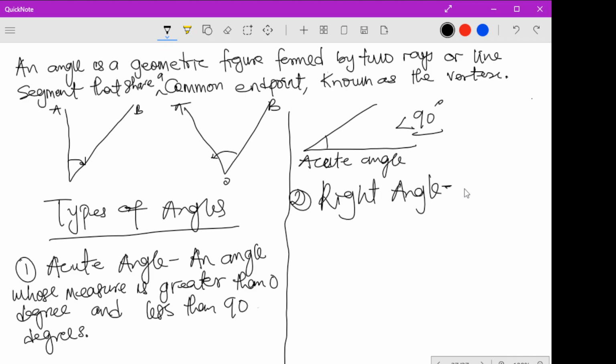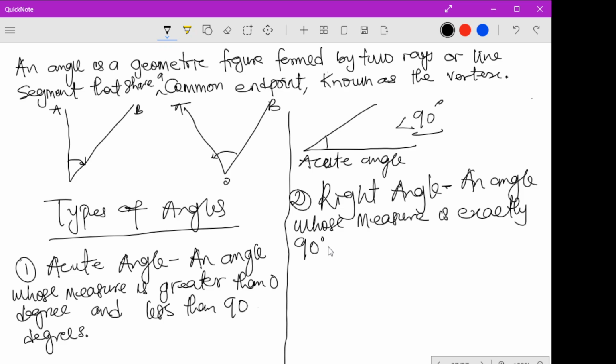A right angle is an angle whose measure is exactly 90 degrees. So this is what we call a right angle.